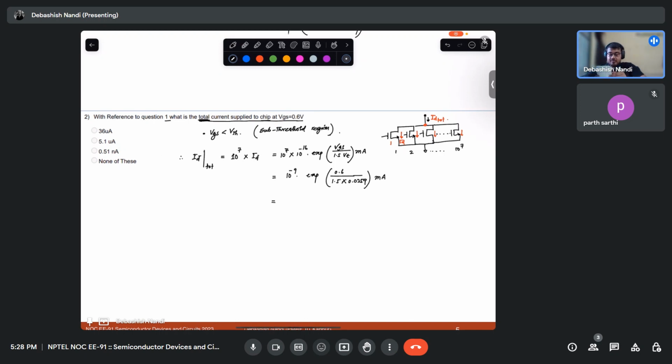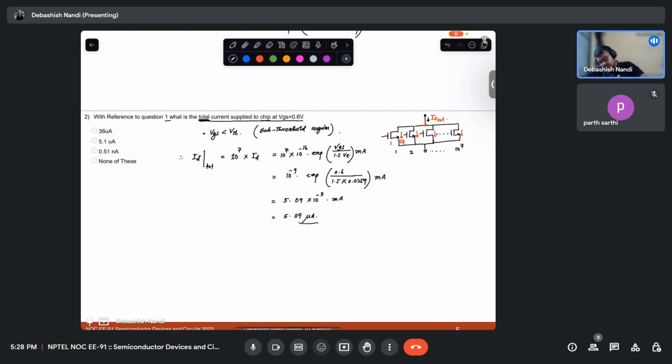How much is it coming? 0.6 over 1.5 divided by 0.0259, exponential of that, times 10 raised to minus 9. It is coming out to be 5.09 into 10 raised to minus 3 milliampere. So it would be 5.09 microampere.